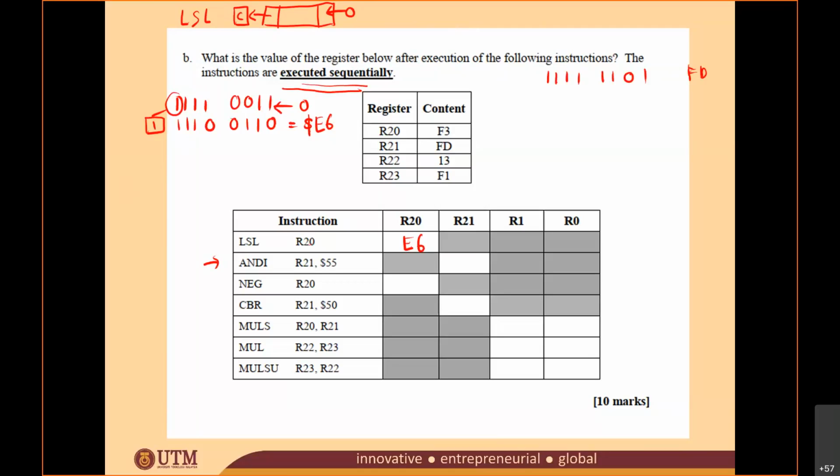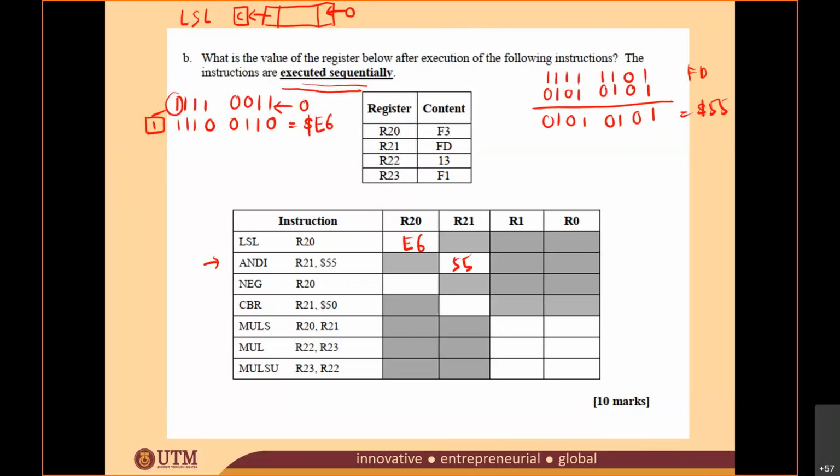And then you're going to do a logical AND with 55. So 55 actually is 0101 0101. Do the logical AND, so we'll get, okay, the answer will be 55. Okay, semua dapat 55 for the second instruction.